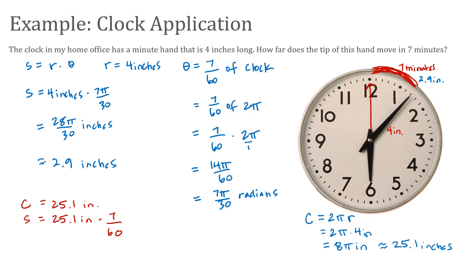And if I do that multiplication, I sure hope that I end up with the same answer of 2.9, which I do. You can double check that if you like. So that work in red was just a check. You don't have to find the whole circumference, but just in terms of trying to make it a little bit more sensible, I think that helps a bit. Hope that helps.